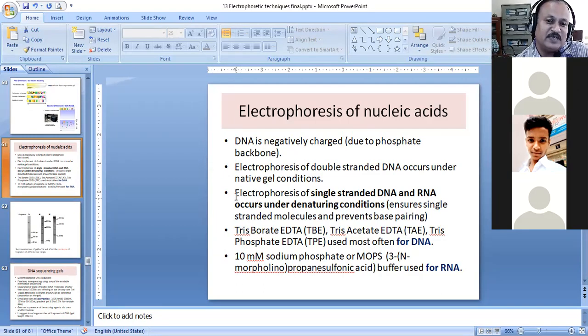But if the molecules are single stranded, then they are vulnerable to the formation of secondary structures. For example, there may be some local sequences in the single stranded DNA or single stranded RNA, and these sequences may be complementary to some other sequence in the same molecule, or a different molecule.